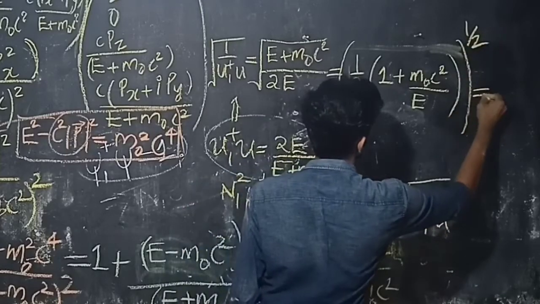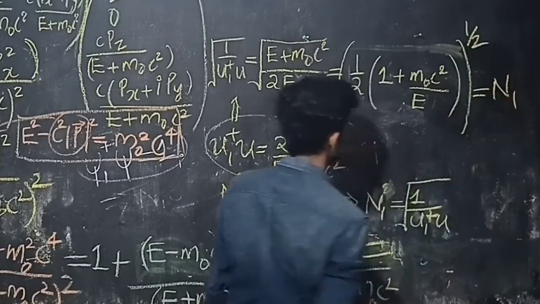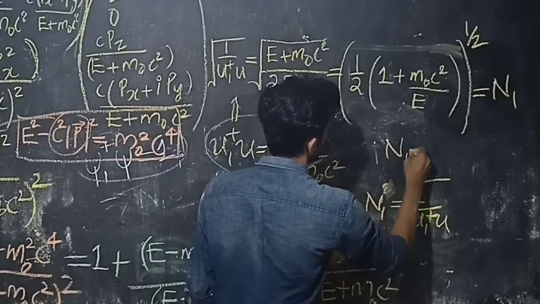This is the normalization constant N1. You can simply see that N1 equals N2.